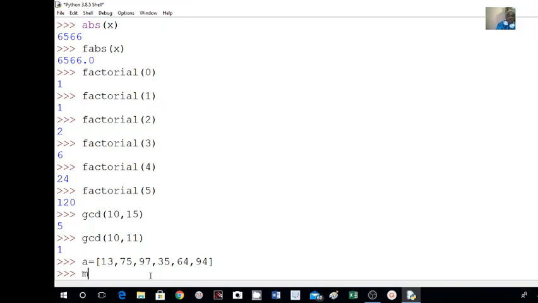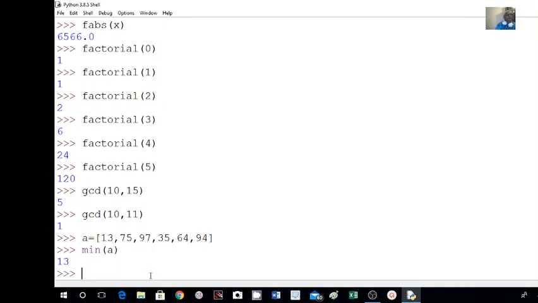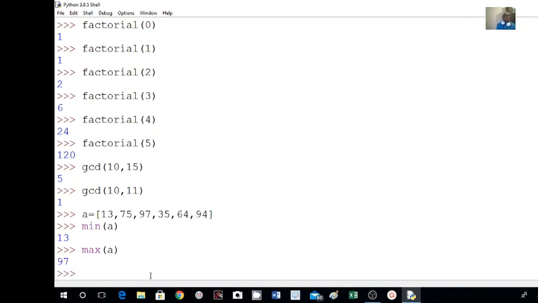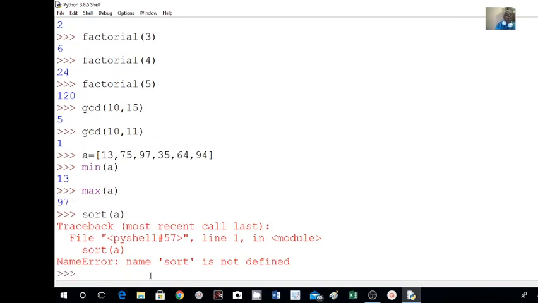If I give say min of a, I think 13 is the minimum in this list. Similarly, max of a, maximum is 97. Yes, it is 97. And if I give this command sort a, sort is not defined. Okay, we have to import other functions here, NumPy and so on.